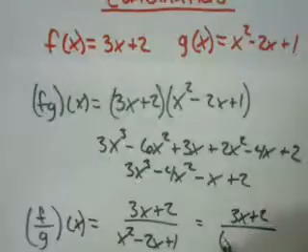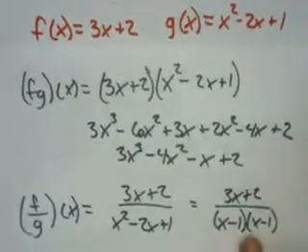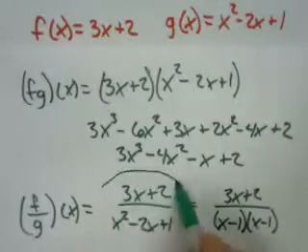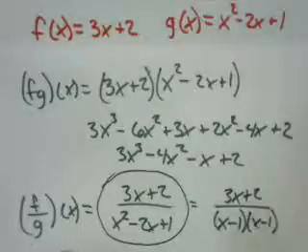We can have this as x minus 1 times x minus 1, but even then it does not simplify. If you look here, those aren't the same. We can't simplify, so this is actually the simplest version right here. There's no reason to try and simplify, it just doesn't. And that happens quite a bit, so oftentimes you can just stack them and leave it for the f over g.